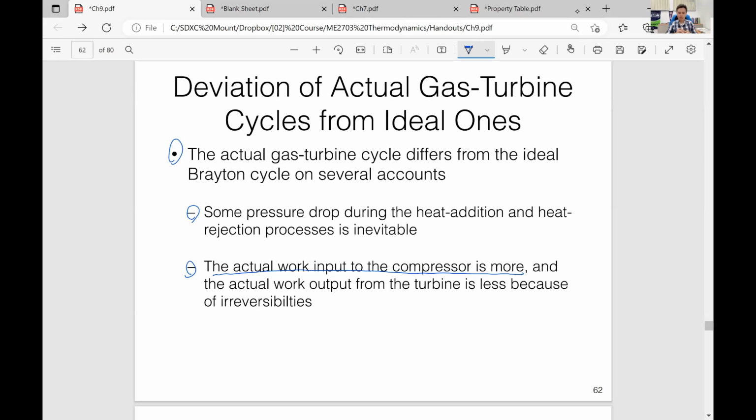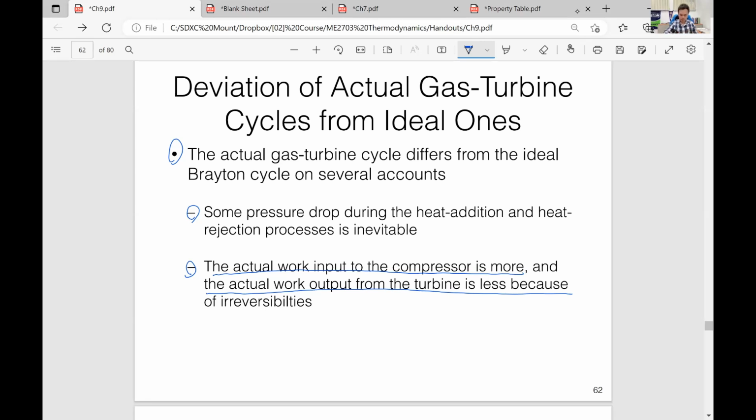So the actual work input to the compressor is more than the work input to an ideal compressor, right? Another thing is the actual work output from the turbine is less, because of the irreversibilities, right?